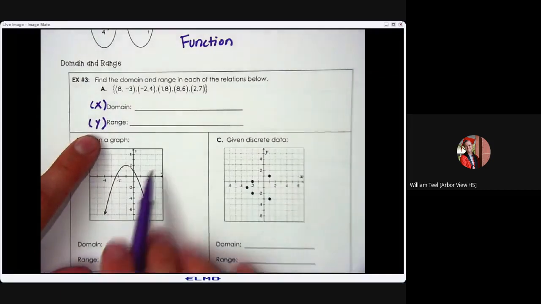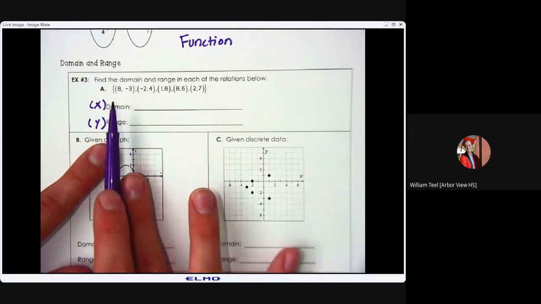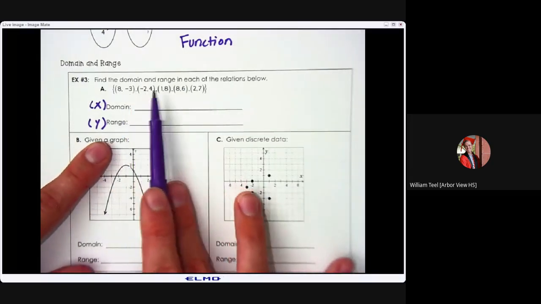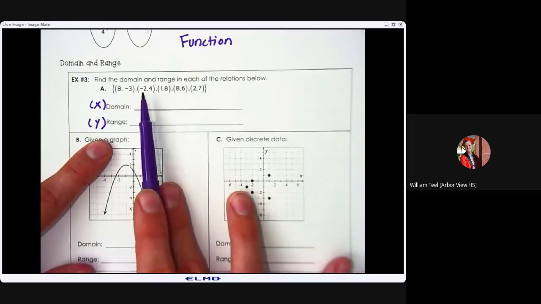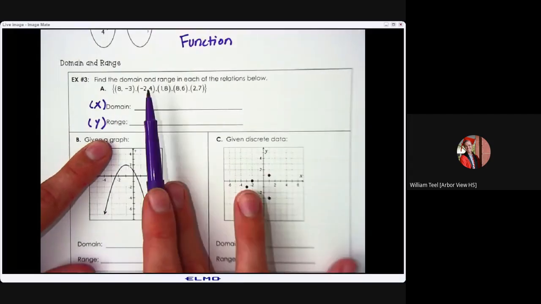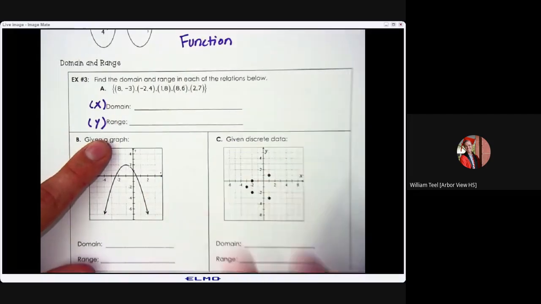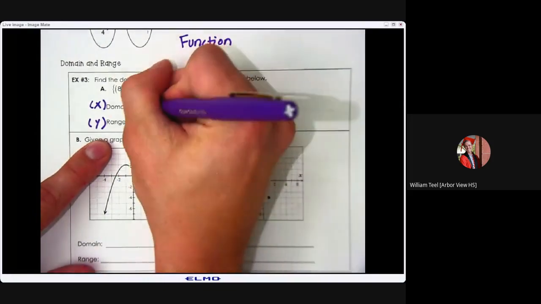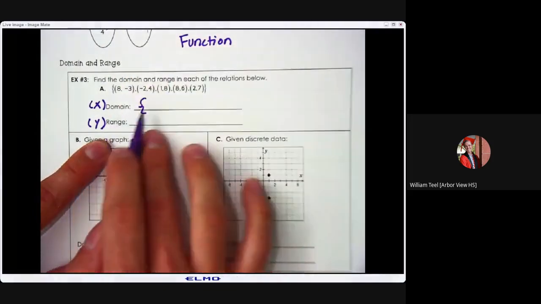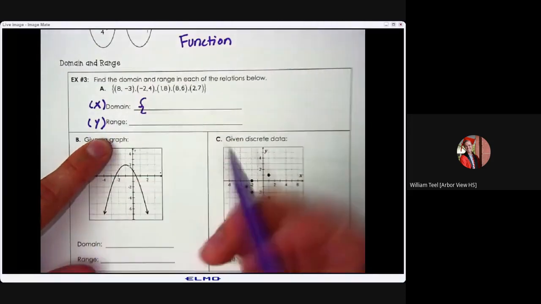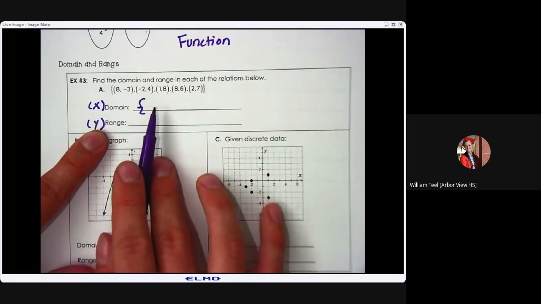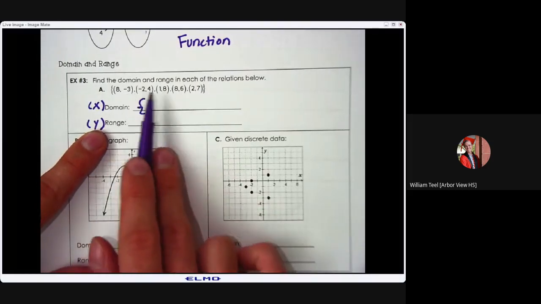So let's go ahead and look at the domain. The domain is all of the possible values for inputs. Since we have this set of ordered pairs, we are literally just going to take all of the individual x values, or the inputs, and that's going to represent our domain. I want to put this least to greatest just to keep it organized.